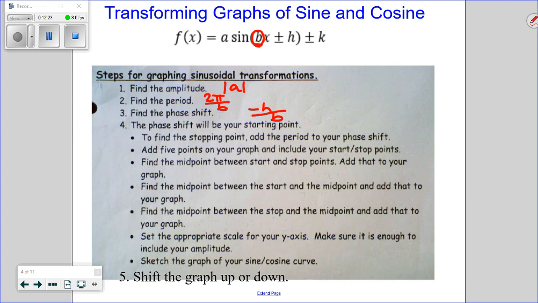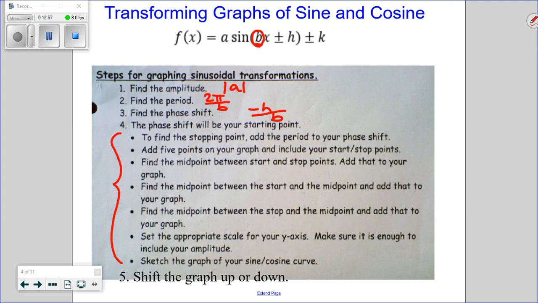Now, I know this can seem confusing, but when you see it in action, it's not as bad as it sounds. Your starting point is always going to be your phase shift. To find the stopping point, you're going to add period to your phase shift. And then you're going to essentially set up your x-axis by adding 5 points. I like to call them tick marks on your x-axis, and then include your start and stop points.